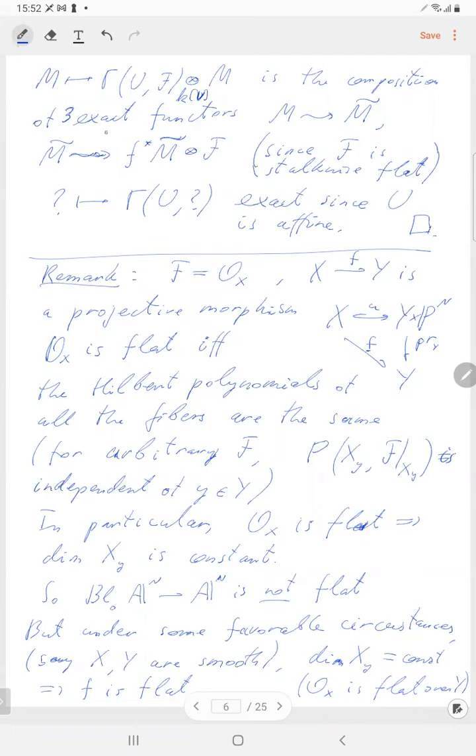And this does have some intuitive meaning. In your family, at least the dimensions of the fibers should be the same.